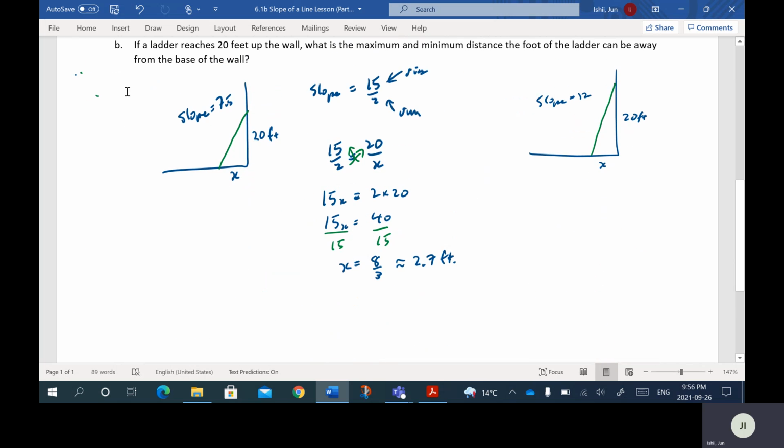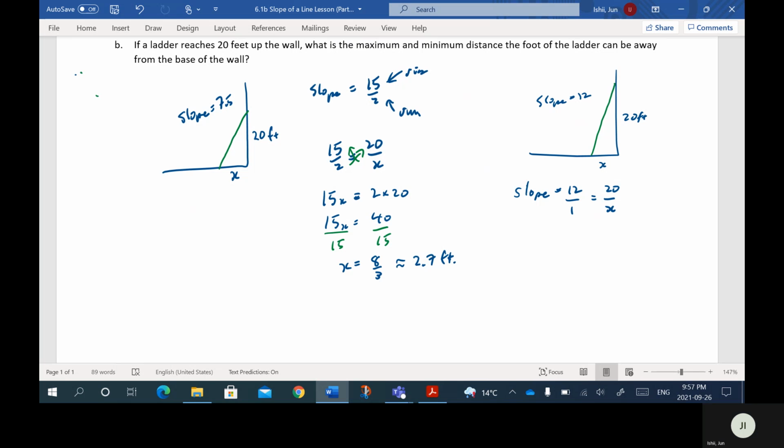So I'm going to do the same thing here and sub into the equation. This time the slope is a whole number, so I'm just going to write it as 12. This is equal to the rise over run. So the rise here is 20.